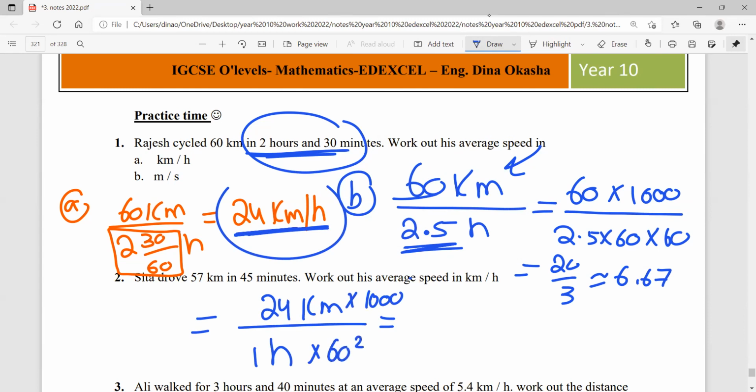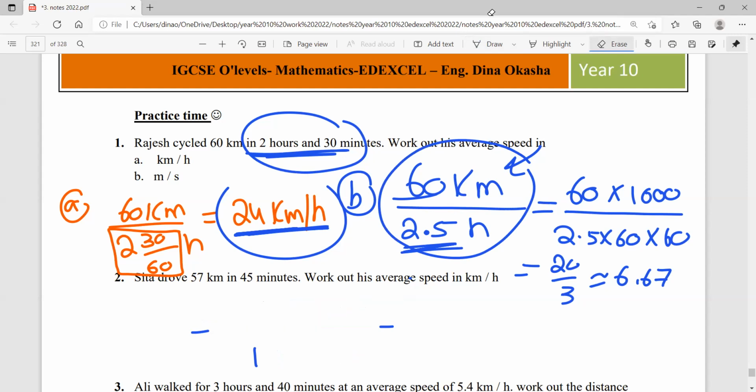And then you can put it on the calculator 24 times 1000 divided by 60 squared. طبعا you will definitely get the same answer. أنا بس عملتها من الأول خالص، لكن لو هو مديني السؤال A و B بالشكل ده you can do it this way اللي هو 24 kilometer per hour means 24 kilometer over 1 hour. ده كده question number 1.